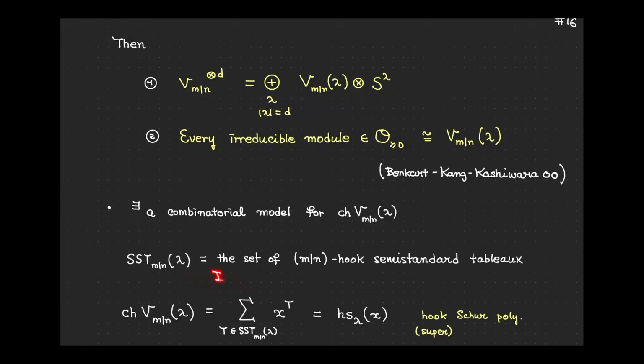And for the alphabet from the other degree, they satisfy the semistandard rule with transpose. So they are weakly increasing along the column and strictly increasing along the rows. Then the character of this set is equal to our irreducible representation. And this is also often denoted by the hook Schur polynomial.